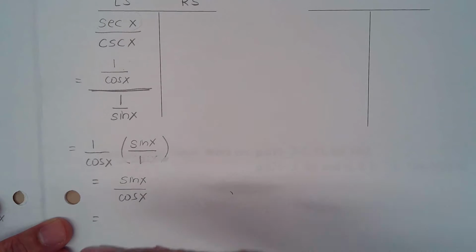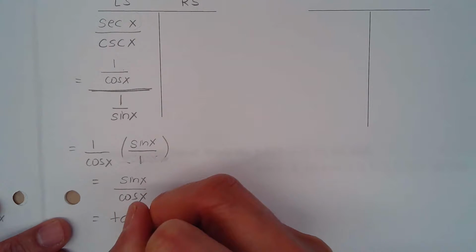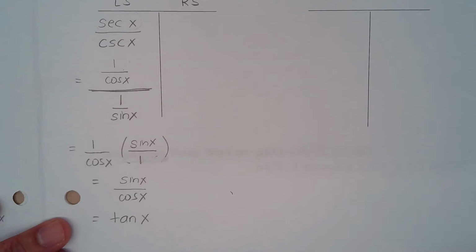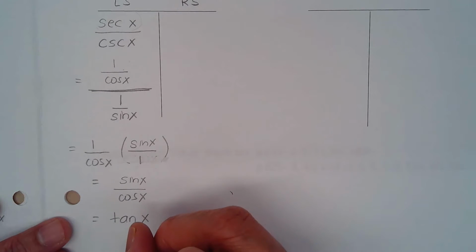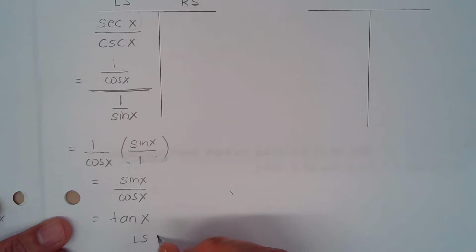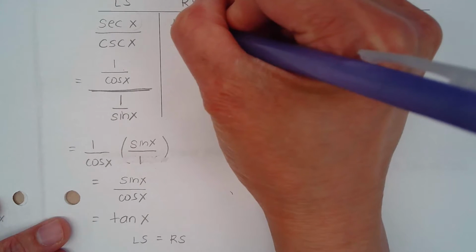And we already know that that's one of our identities. When you see sine of x divided by cos of x, that's equal to tangent of x. So our left side is now equal to our right side, right? Tan of x.